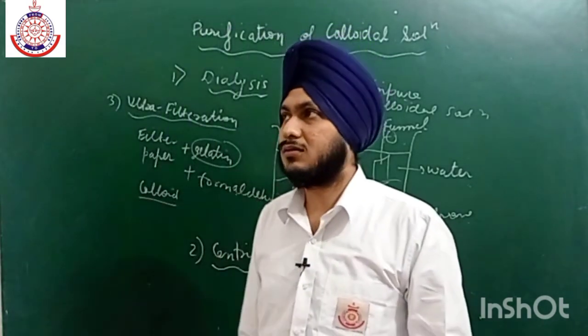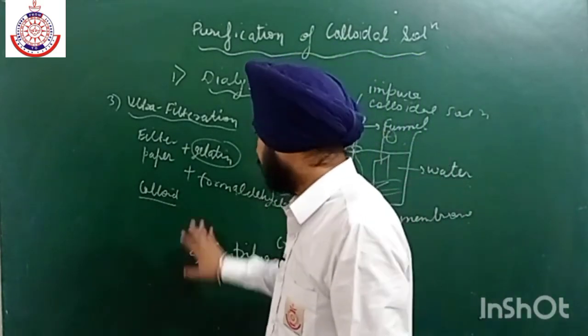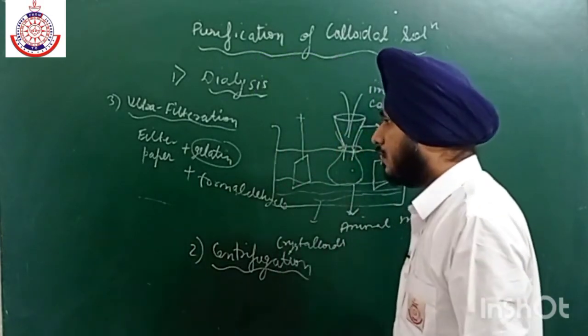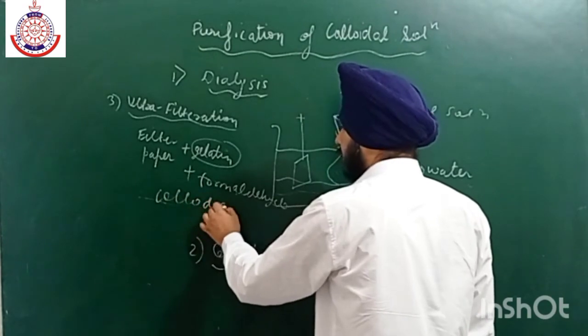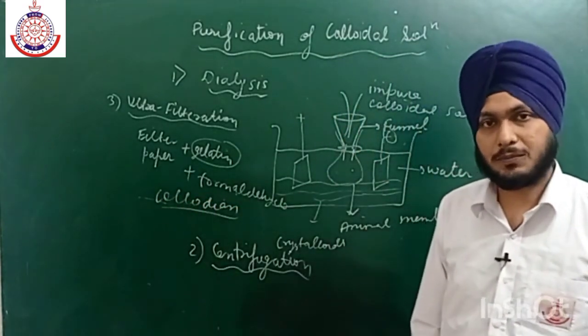Or you can also take cellulose. Okay, so cellulose भी हम ले सकते हैं. So take gelatin plus formaldehyde, or collodion, which consists of a 4% nitrocellulose solution.